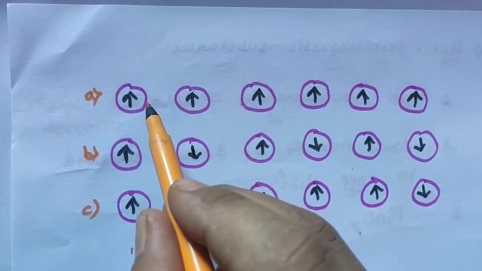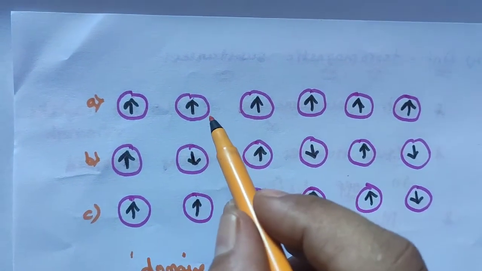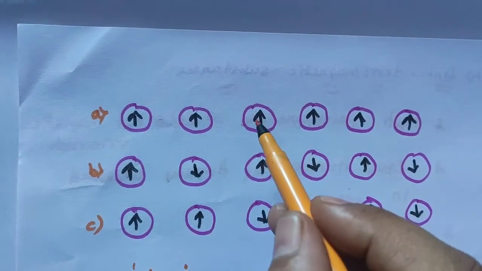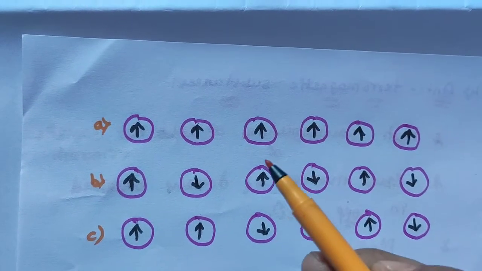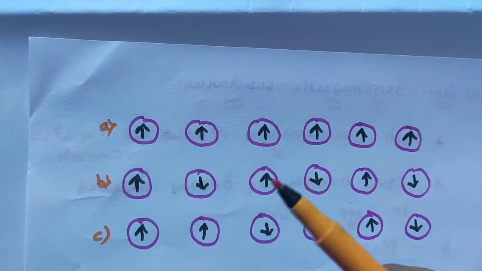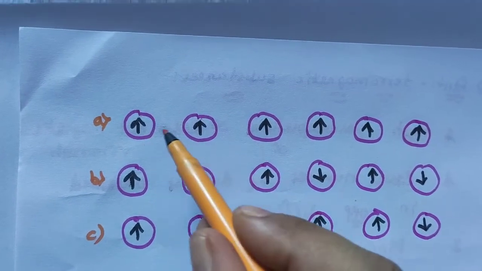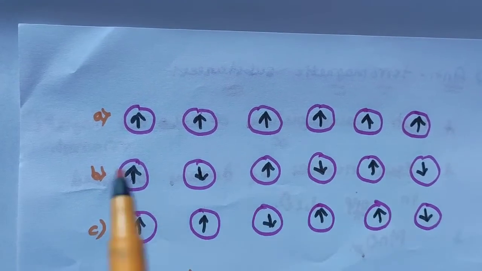In the first one, ferromagnetic substances, they are very strongly attracted by a magnetic field because they contain unpaired electrons or domains arranged in the same direction of the magnetic field. All the domains are arranged in the same direction.